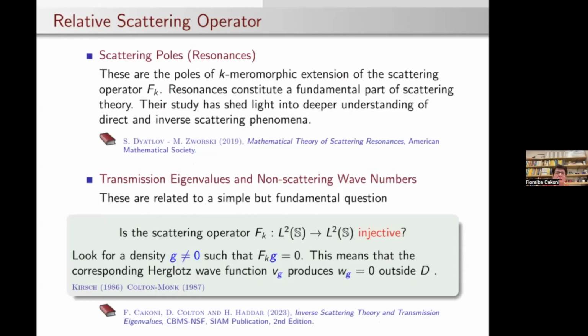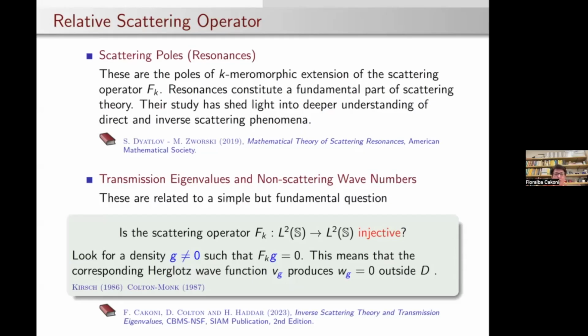Now, I'm not going to discuss the scattering poles here. Rather, I'll introduce the concept of non-scattering transmission eigenvalues. This concept also stems from very fundamental properties of the relative scattering operator, because it maps incoming to outgoing, which makes the operator compact.